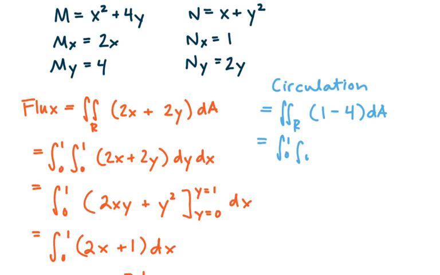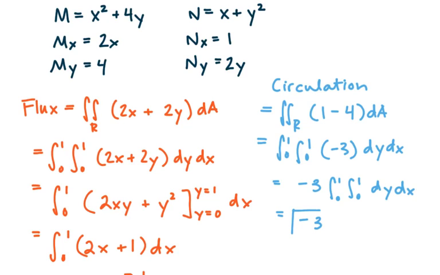Or 0 to 1, 0 to 1, negative 3, dy dx, which is negative 3 over that square region. What's the area of that square region? It's 1. So we have negative 3. Negative 3 represents my counterclockwise circulation.